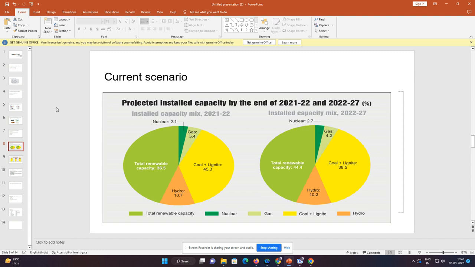For the period of 2022 to 2027, two scenarios have been considered to meet power demands.